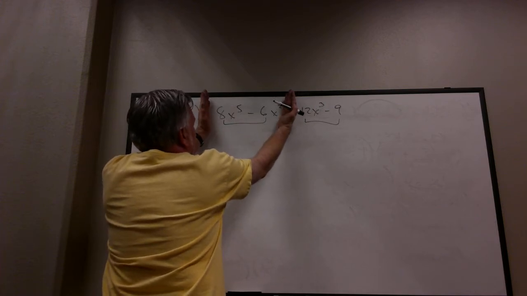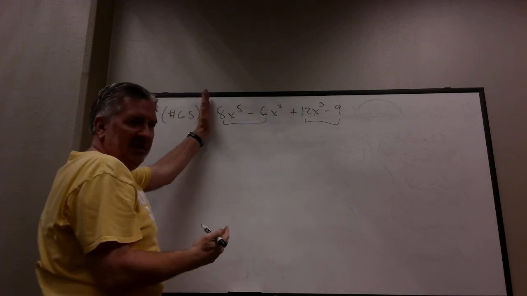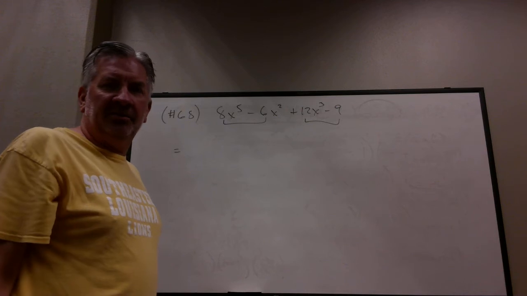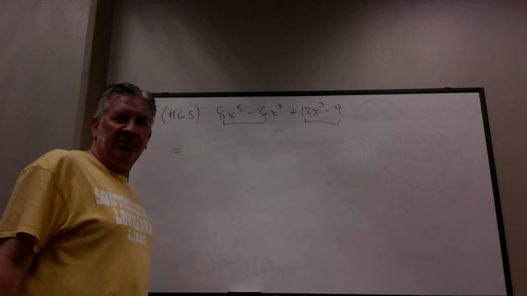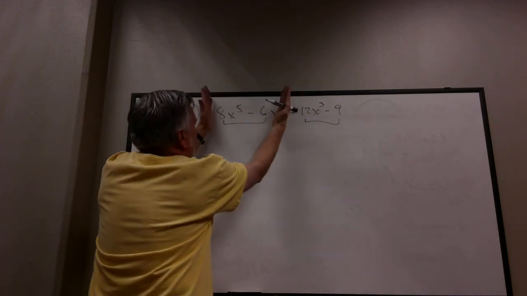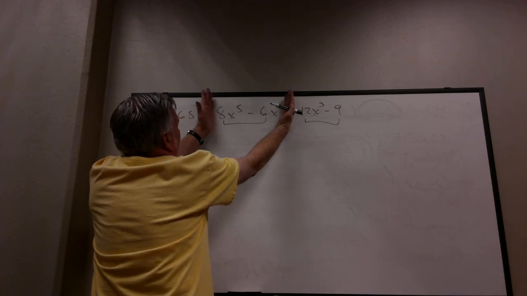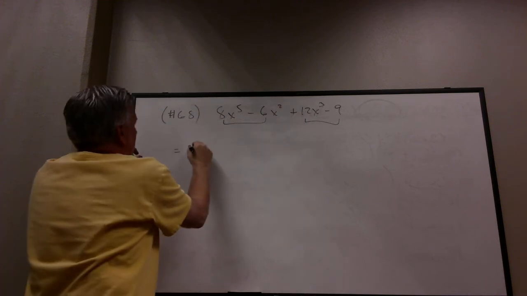And I want to factor this. One thing we have not done yet is, the first step in factoring is pull out the greatest common factor. We haven't needed to do that on any of the problems so far. Notice I'm not trying to factor the whole thing right now, just the first 2 terms. What's the greatest common factor of 8x to the 5th and minus 6x squared? We'll focus on the number first. 2 goes into both of those, so 2.